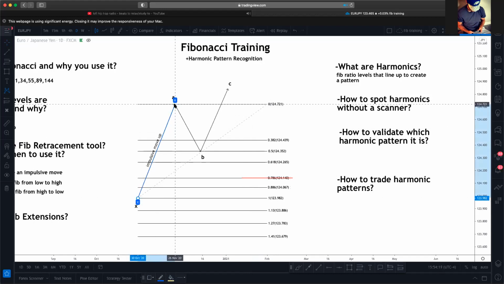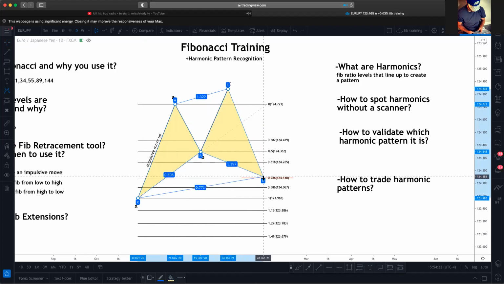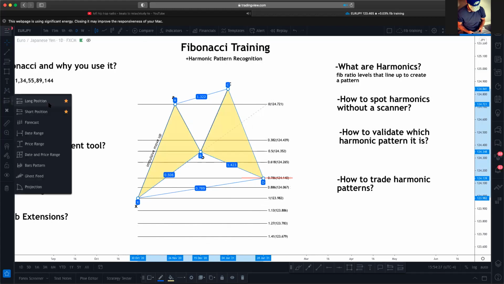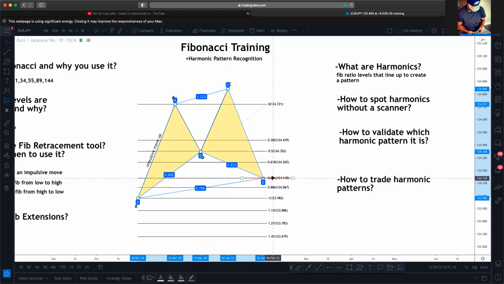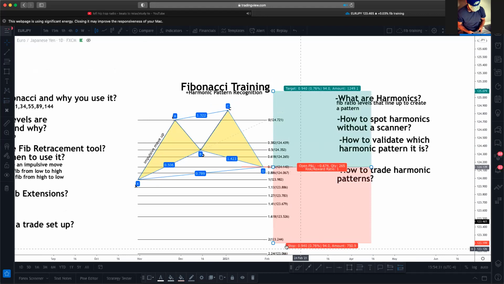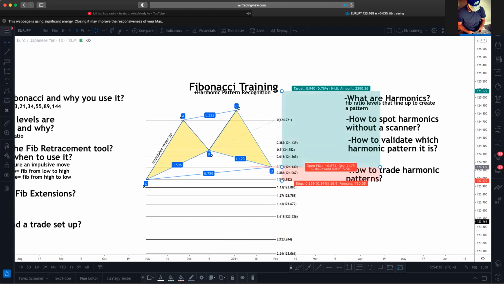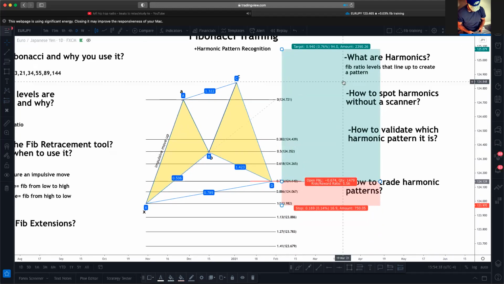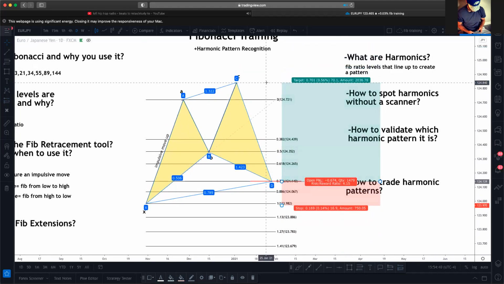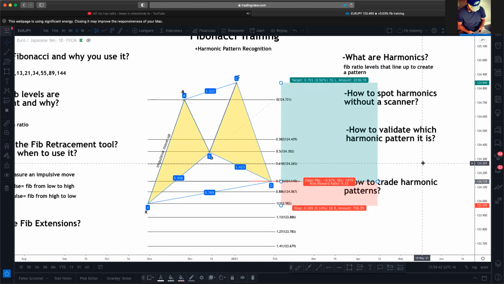You see we have an impulsive move, an A, B, C pattern, and then boom. This gives a little bit better risk to reward. We have the stop loss below the X and the TP at the C. And you see we got a 4-to-1 right here on this one.